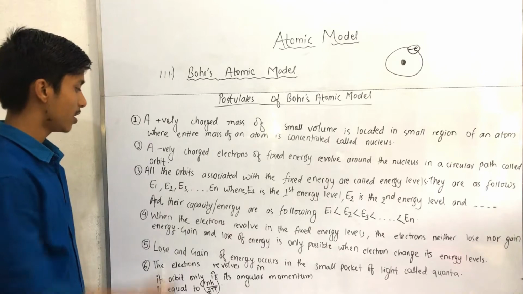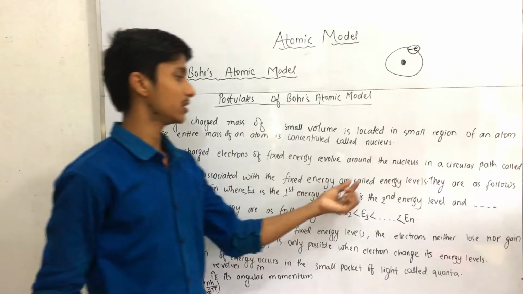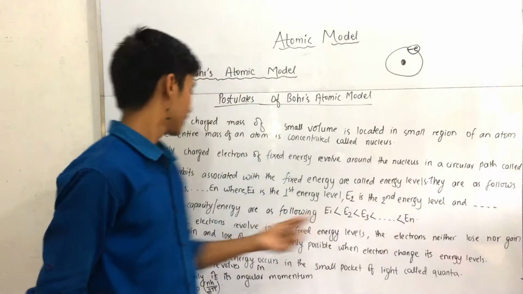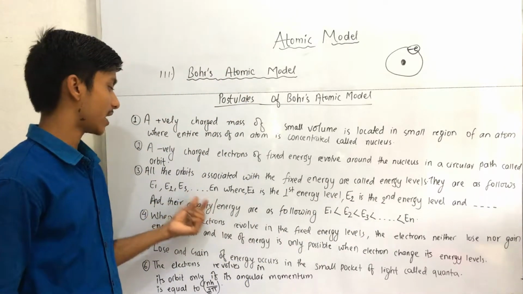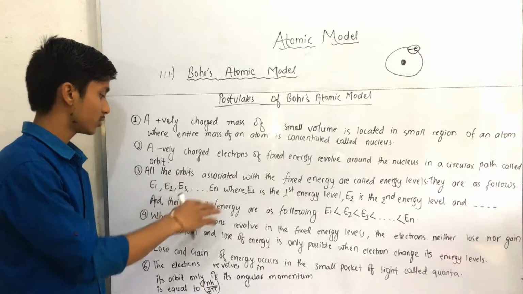Third point: all the orbits associated with fixed energy are called energy levels. They are as follows: E1, E2, E3 and so on up to En. It means each orbit is associated with a different fixed energy, and they are called energy levels.